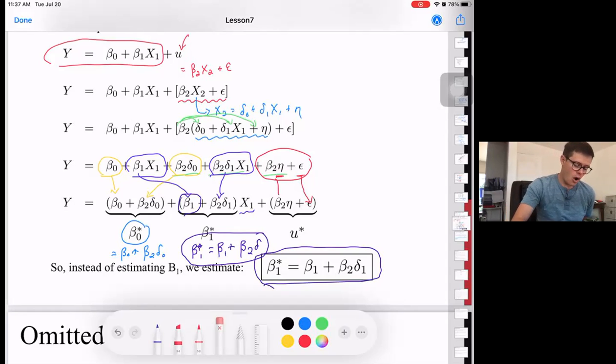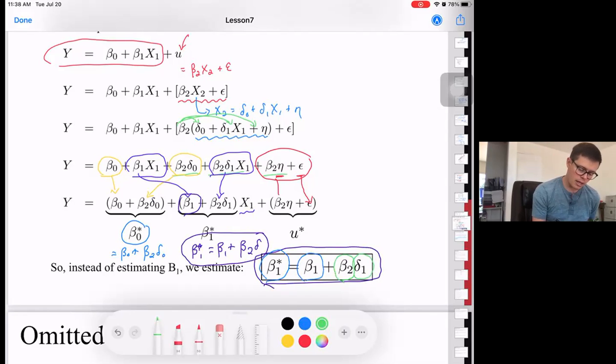And basically, all we learn from this is a very important but simple truth, which is that the beta 1 that we're able to estimate, if we don't have data on x2, is the true beta 1 plus basically the relationship between x2 and y times the relationship between x1 and x2.